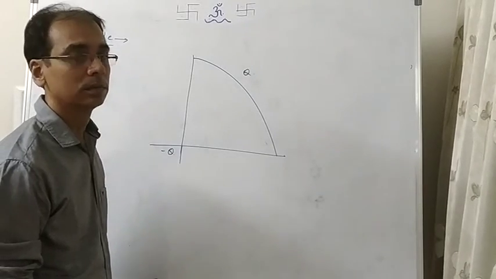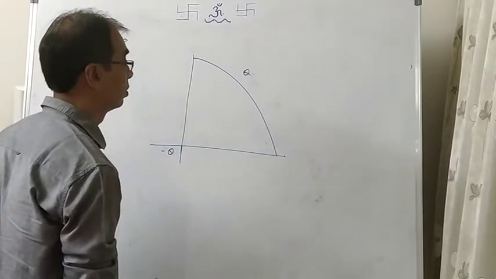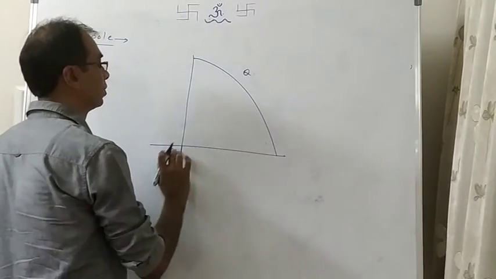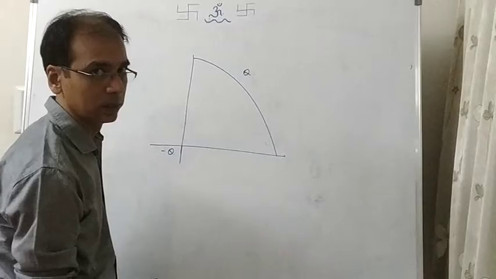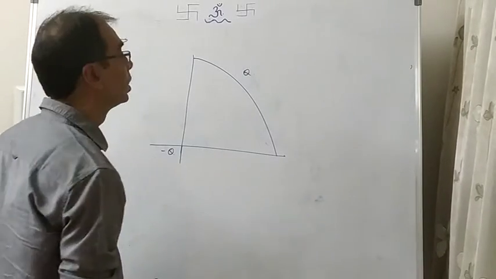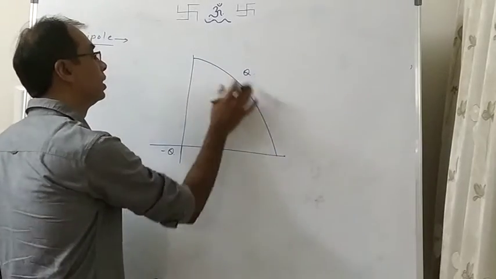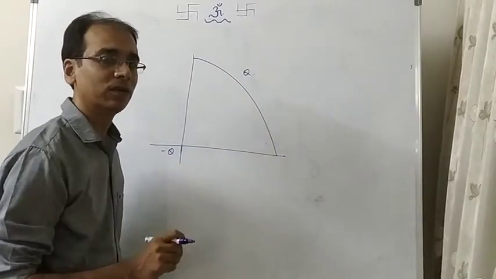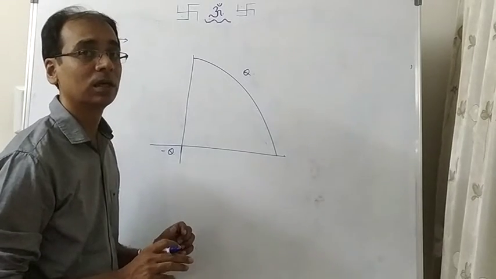Now what you can do, let's check. The distance of every portion of this q from this minus q is the same, it's r only. There is no doubt about that. Total charge is q. If I integrate this one, total charge is q. From minus q, every portion of that ring is at the same distance r.